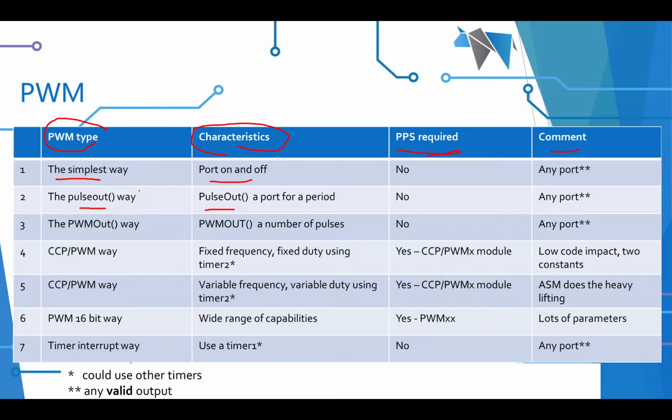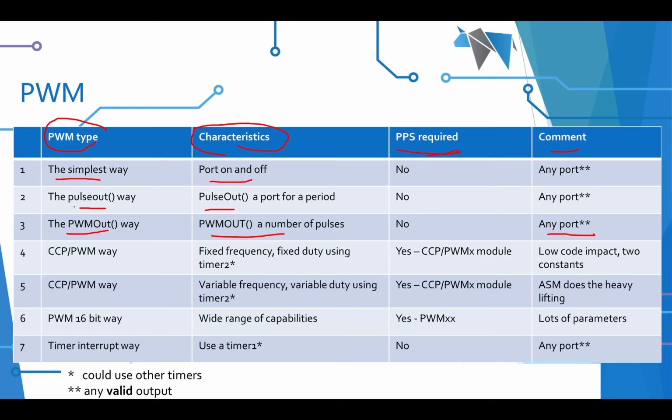Fantastic. We have a command called PWMOut, and you can send out a number of pulses. You can do that on any port, no PPS required. So we have 3 ways of generating a signal that does not require the PPS to be set.